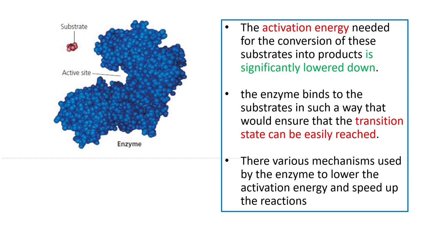Some would say that the reaction follows a different or alternate pathway, and that can be true as well. So the basic idea is that there are several mechanisms by which the lowering of the activation energy can happen.